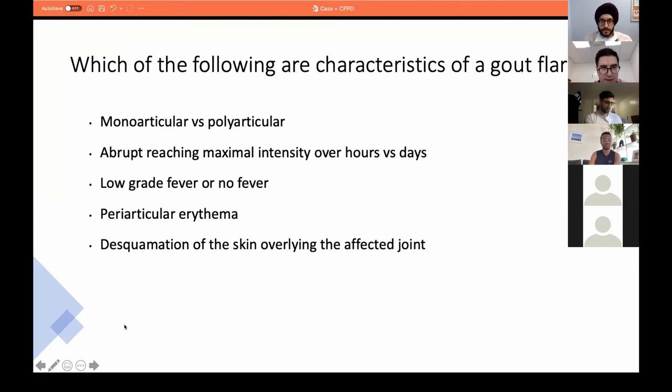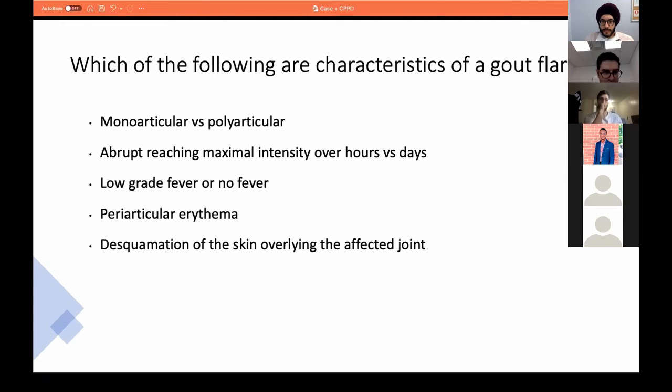So as far as characteristics, we mentioned that initially when the person is first developing gout symptoms, they usually have it in their first MTP, so it'll be monoarticular. But if it's not controlled, if it's been occurring for years, then they start developing it in other joints as well. It's expected to reach peak intensity within 24 hours. Low-grade fever is a common finding.